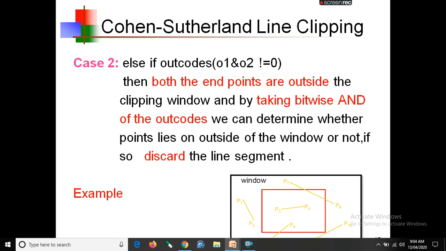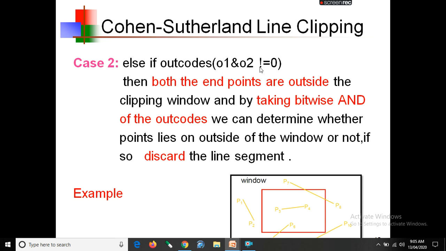If the first condition is false, and outputs O1 and O2 are not equal to 0, then in the Cohen-Sutherland line clipping algorithm we need to apply a bitwise AND operation between the outputs O1 and O2.